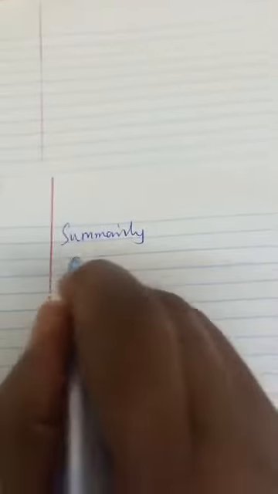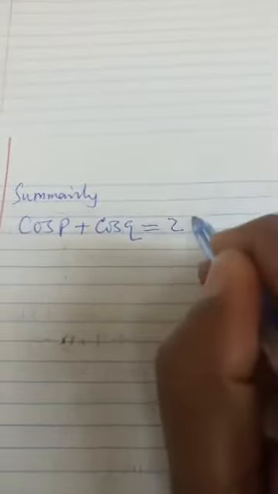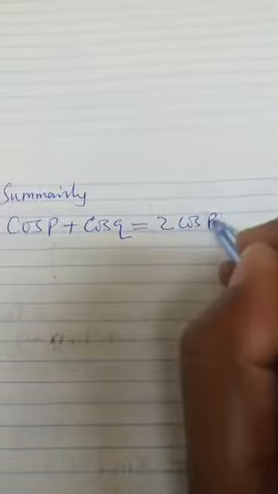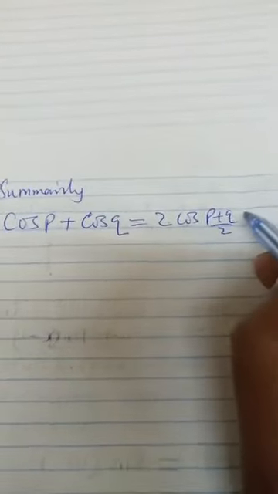So summarily, if I substitute, we are here saying that the cos of p plus the cos of q is equal to 2 the cos of (p plus q) over 2 the cos of (p minus q) over 2.